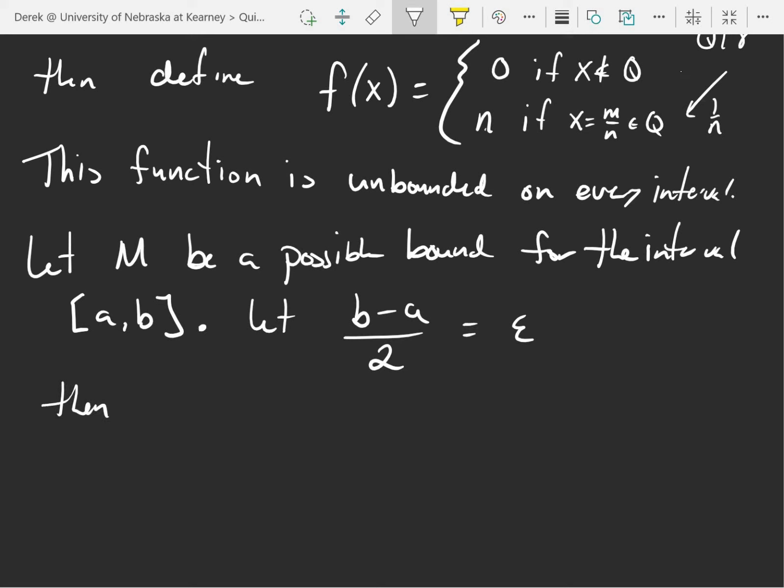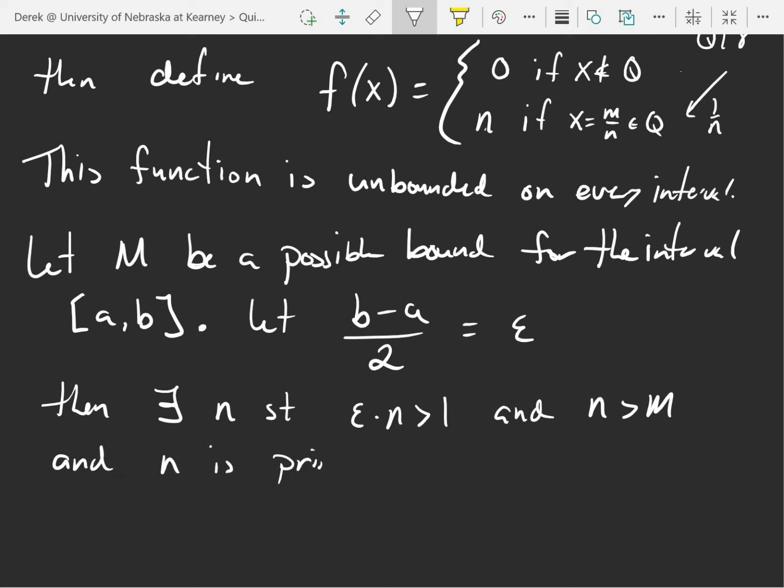Then there exists n such that epsilon times n is bigger than 1, and n is bigger than M, and n is prime.